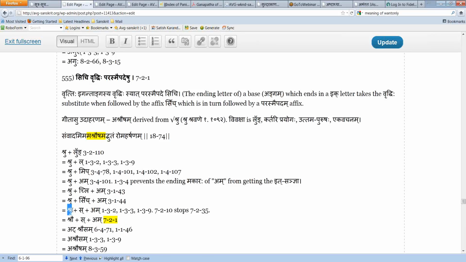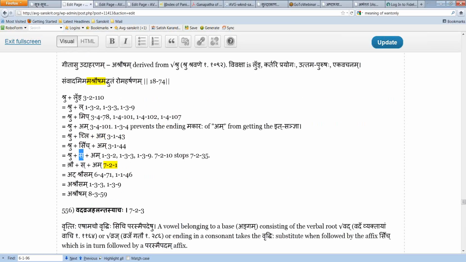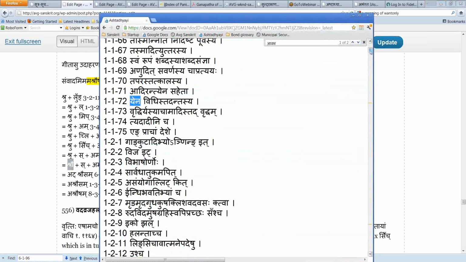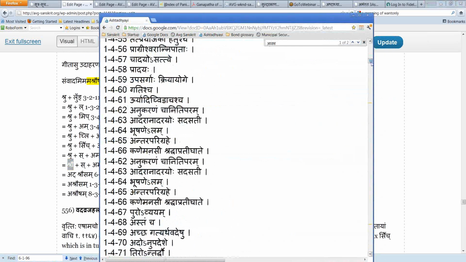Ukara is an ik letter. And we do have sich present there. So the igantam angam will take the vriddhyadesha, of course alontyasya. So it becomes shrau sa am. This is a special sutram here, sichi vriddhih parasmaipadeshu, and that opens up a section from 7.2.1 to 7.2.7.